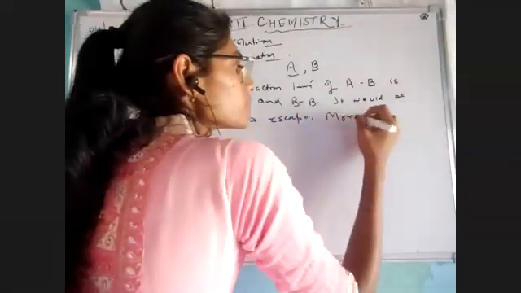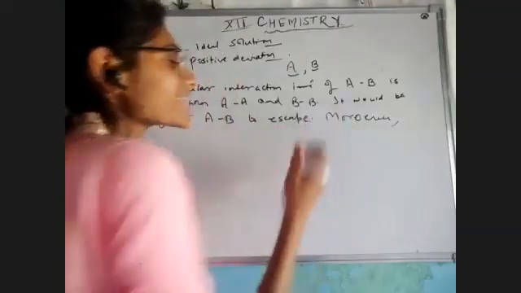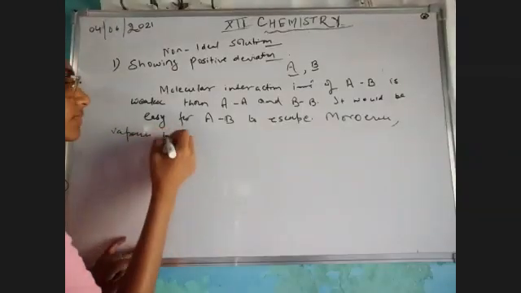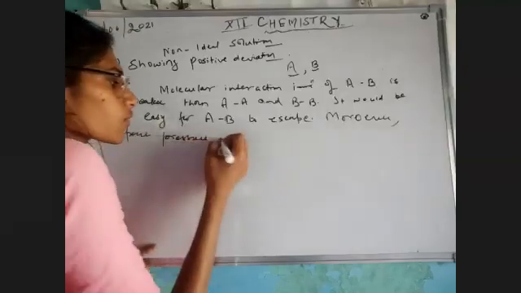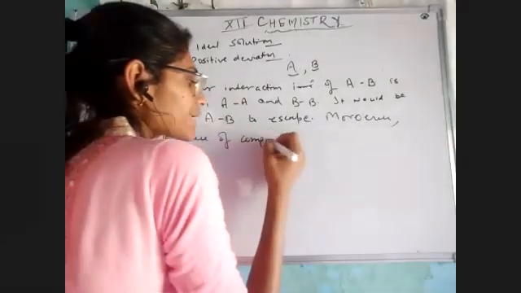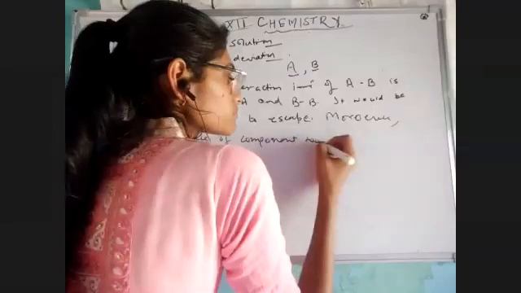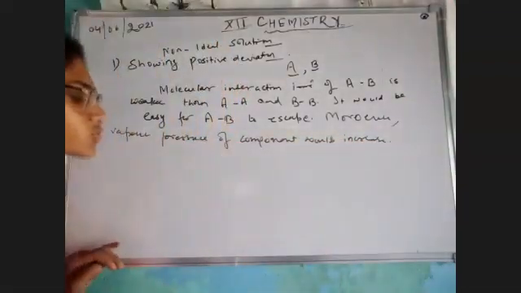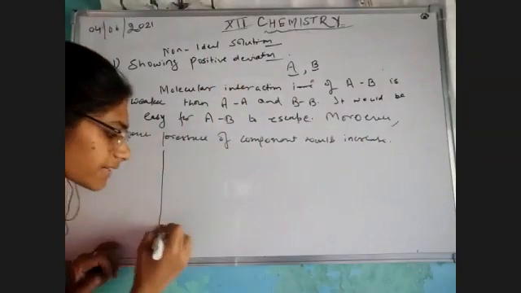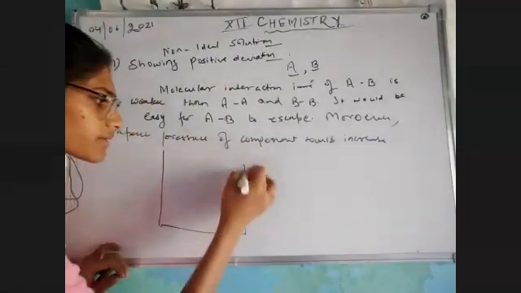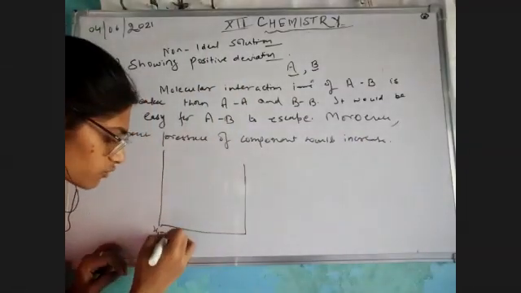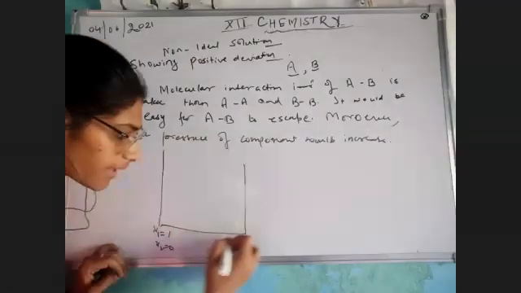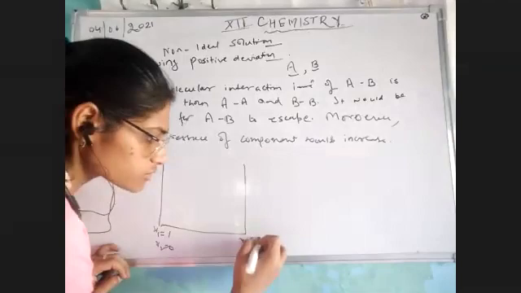Moreover, since it would be easy to escape, the vapor pressure of the component would increase. So in the graph which we have represented like this, we have written x1 equals 1, x2 equals 0, x1 equals 0, x2 equals 1.